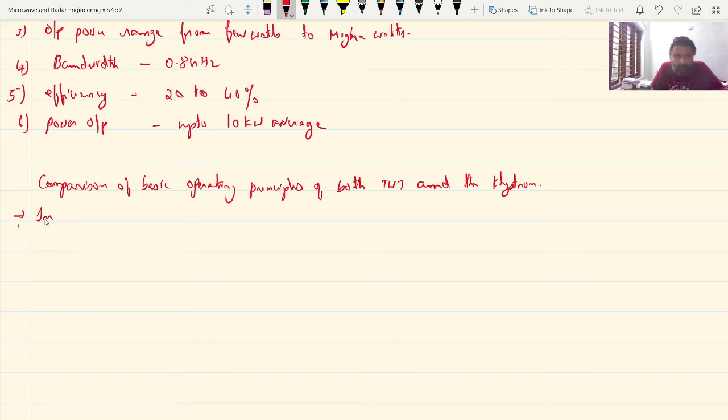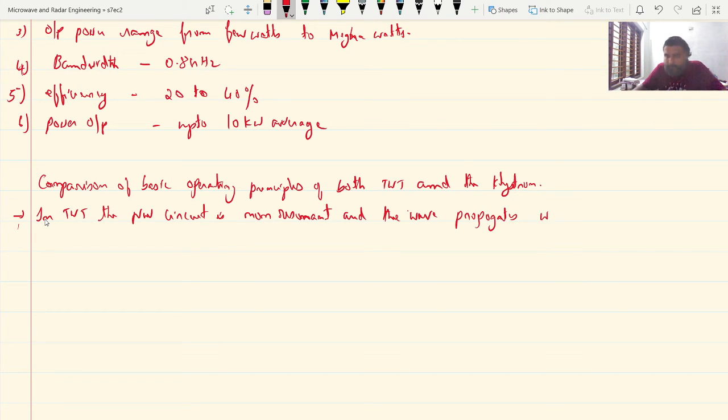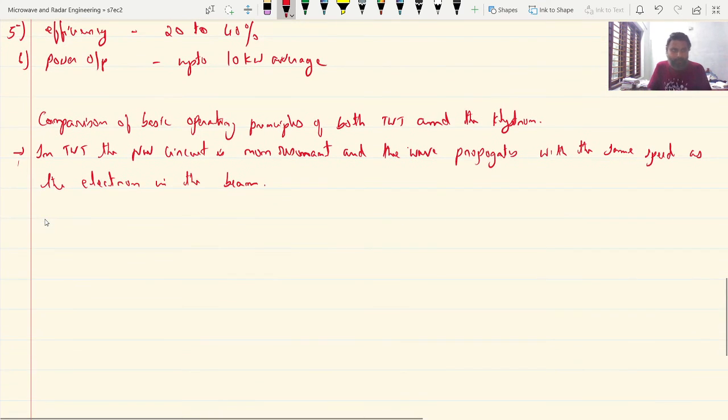That is, in traveling wave tube, the microwave circuit is non-resonant, that already we have written here, and the wave propagates with the same speed as the electron in the beam. That's very important.